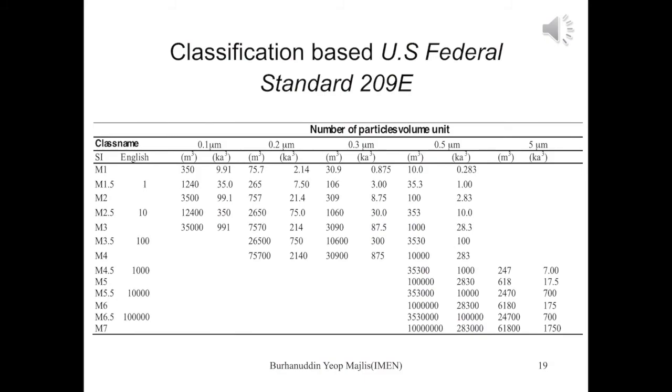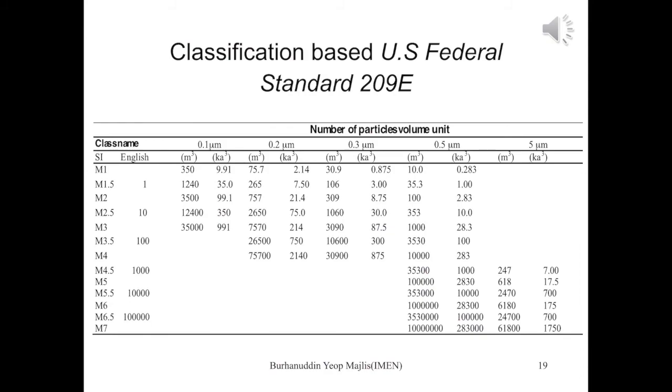It's about 10. But class 1 in the British system, you can see the number of particles also there. For the metric system, M1 is 10, but that is equivalent to 0.28 particles per cubic foot.